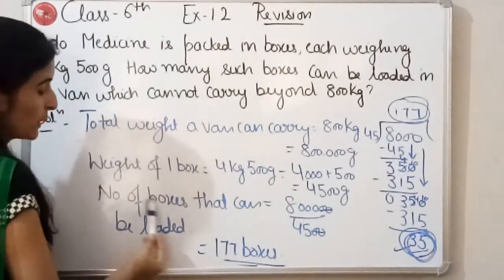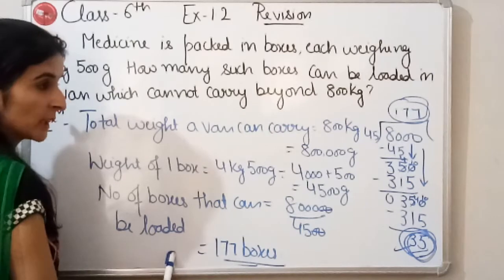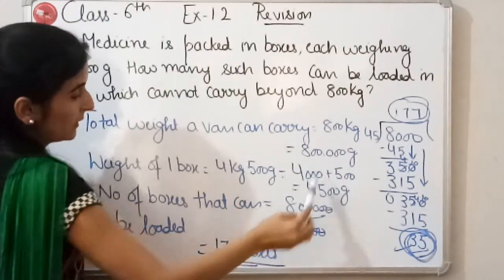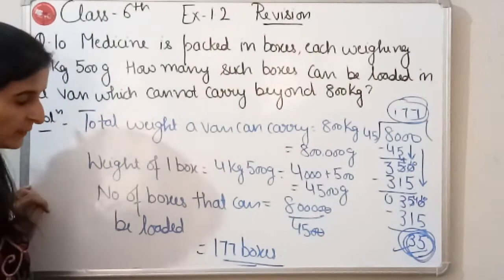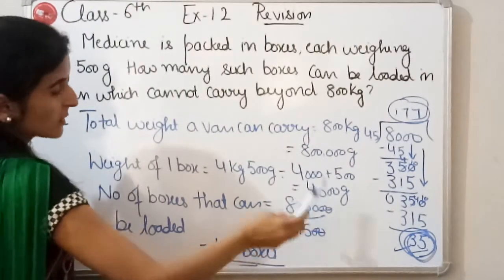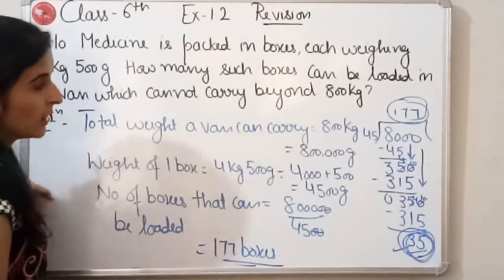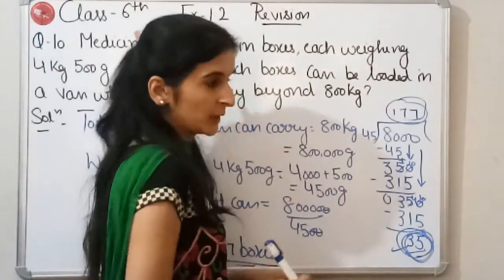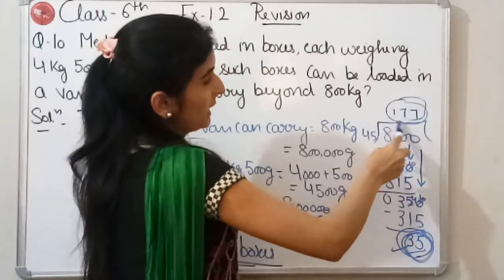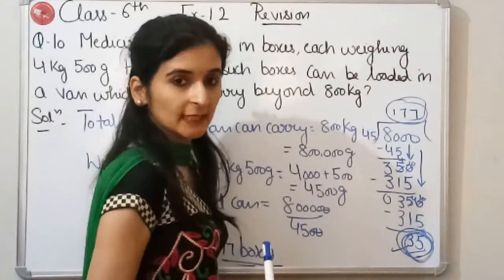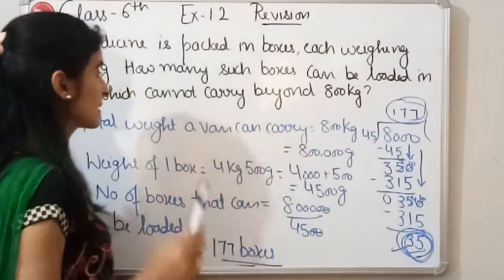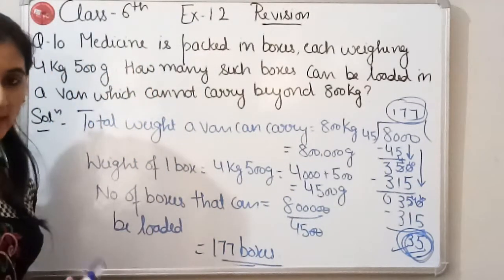After that, the number of boxes that can be loaded will be equal to 800,000 divided by 4,500. So 2 zeros we can cut with these two. After that we divided 8,000 by 45, and this will be equal to 177. It means 177 boxes can be loaded in this van.